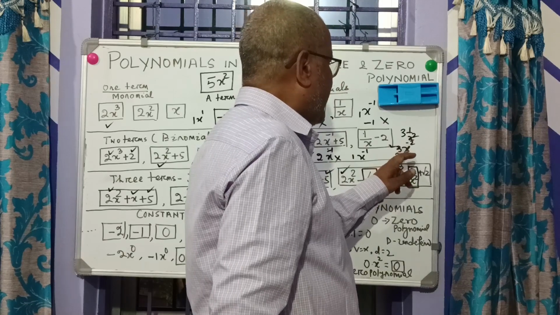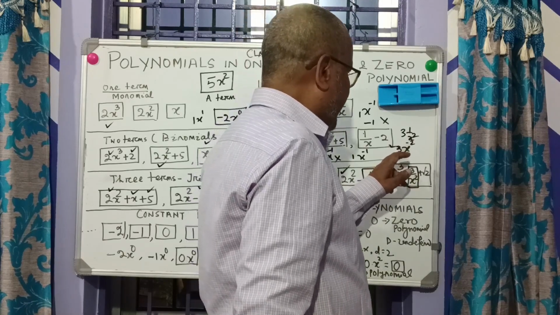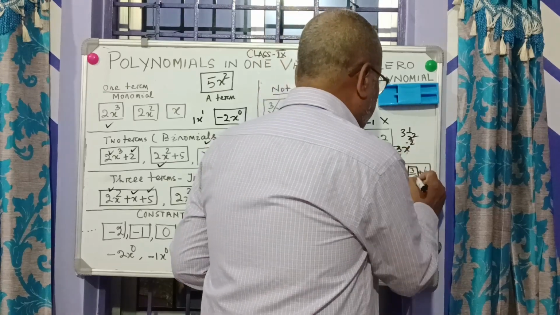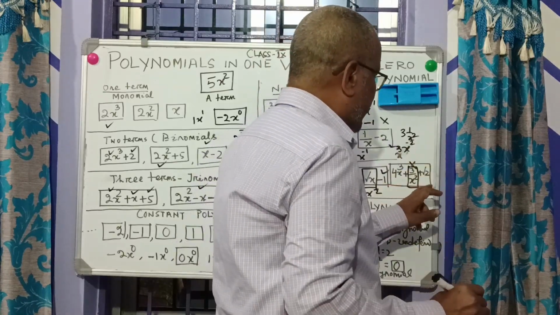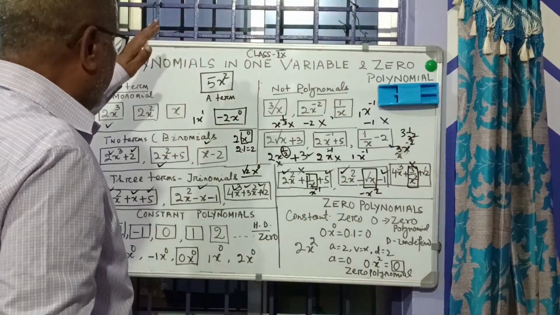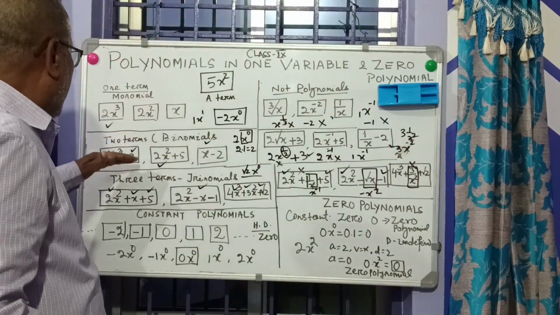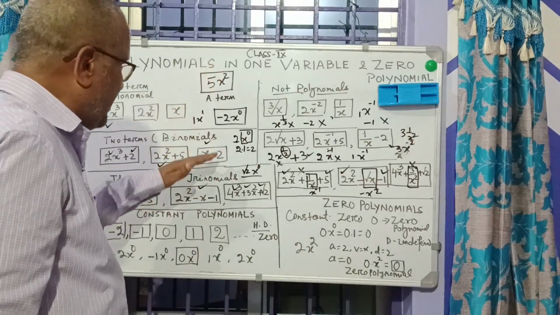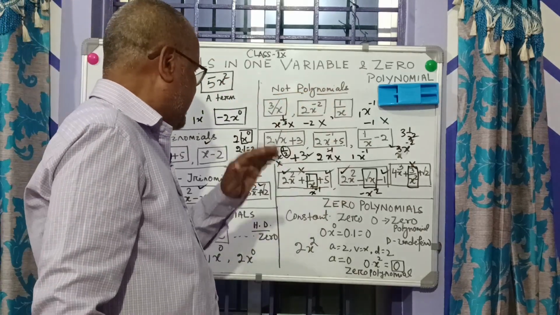Now variable x, coefficient 3 and exponent minus 2. So for this term, this expression is not a polynomial. Now we discussed monomials, binomials and trinomials. So these are polynomials and these are not polynomials.